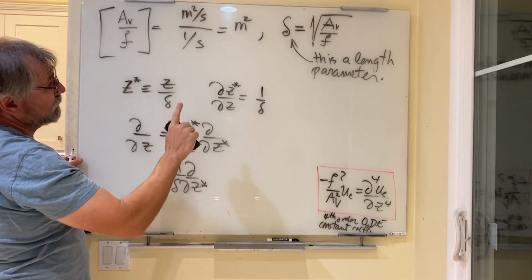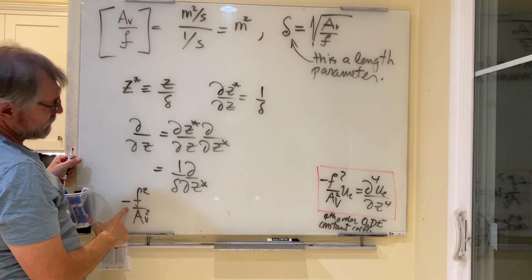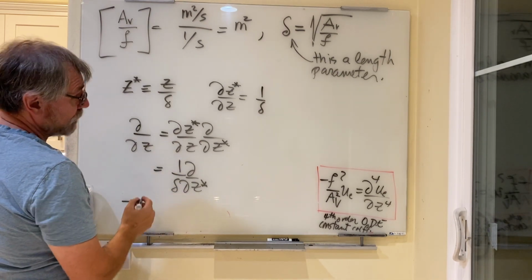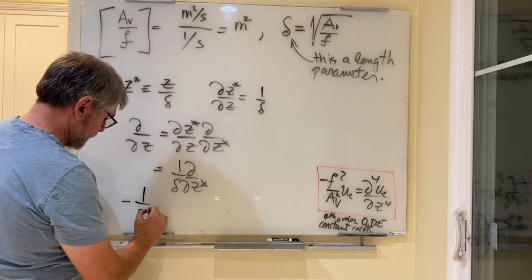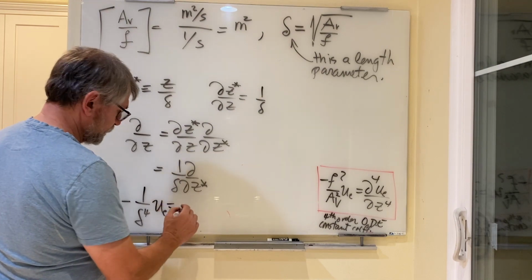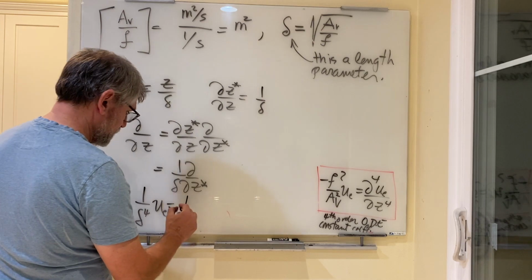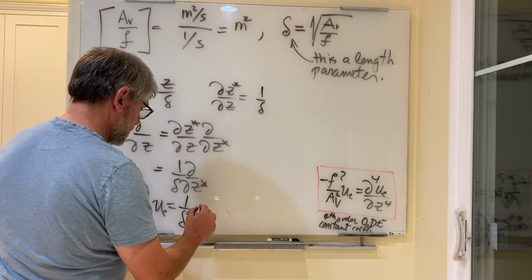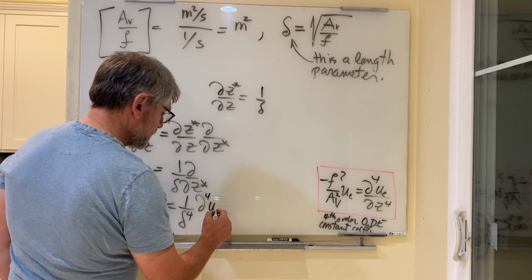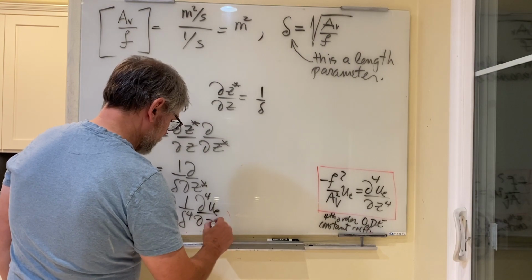So if I multiply this with itself 4 times, then I get minus f squared over av squared, so this is 1 over delta to the 4th power on this side times ue is equal to, and then if I have 4 derivatives, I pull out 4 factors of 1 over delta. 1 over delta to the 4th, d to the 4th ue over dz star to the 4th.